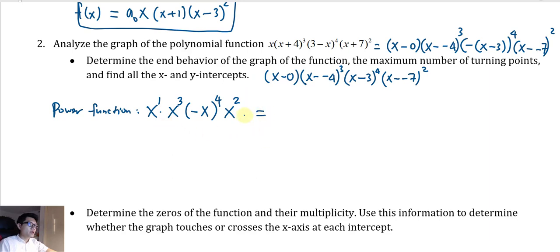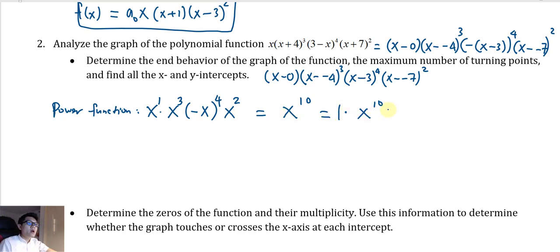Okay, so let's see what we get here. They all have the base x. We add the powers: 3 plus 1 is 4, 4 plus 4 is 8, plus 2 is 10. So the power function in this case is x to the 10th power, or 1 times x to the 10th power, because there's nothing in front, which means there should be the number 1 here.